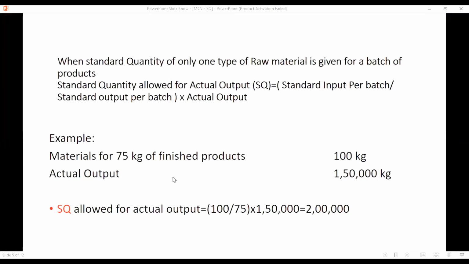Actual output was 1,50,000 kg. So standard quantity allowed for actual output will be 100 divided by 75, where 100 is standard input per batch and 75 is standard output per batch, multiplied by actual output, that is 1,50,000. So standard quantity allowed for actual output is 2 lakh.